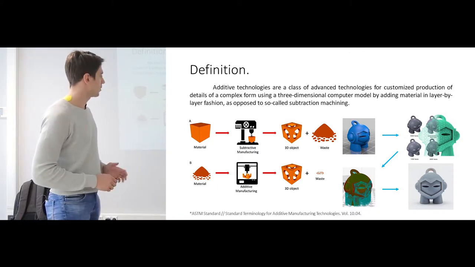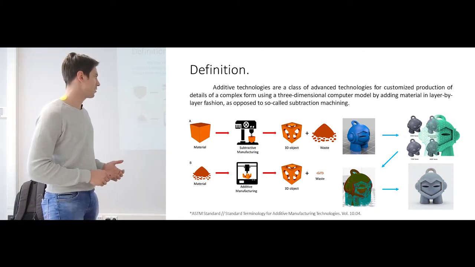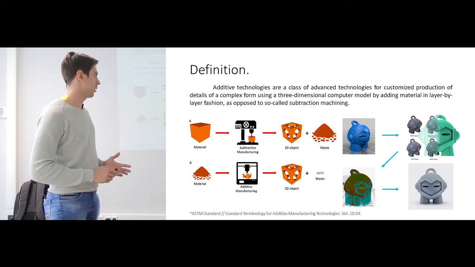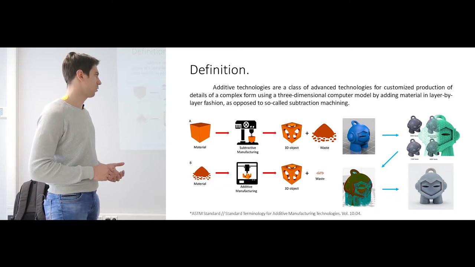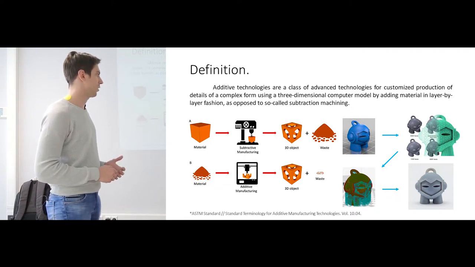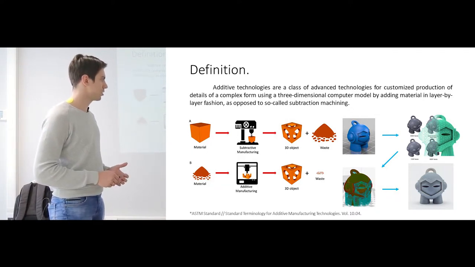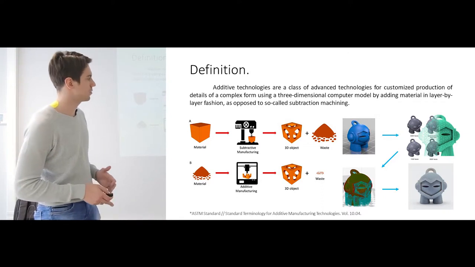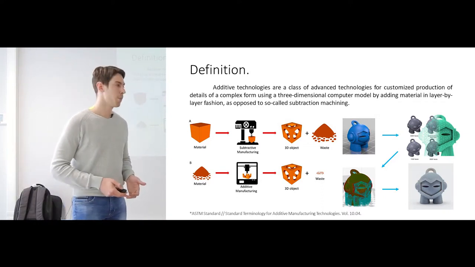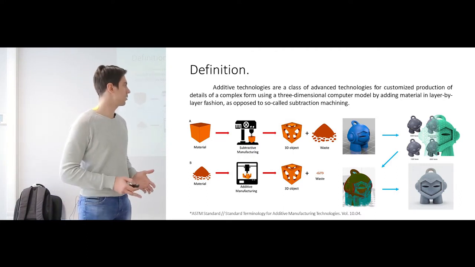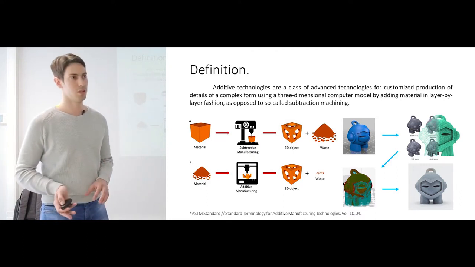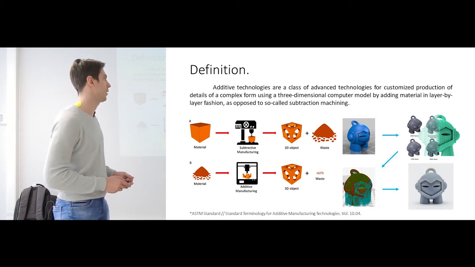The benefit of this method is that you have a very small amount of waste. The waste mostly comes from the supports. The support structures are specific structures which help your material not to fall down. And different approaches use the supports in different forms. We'll talk about that later.